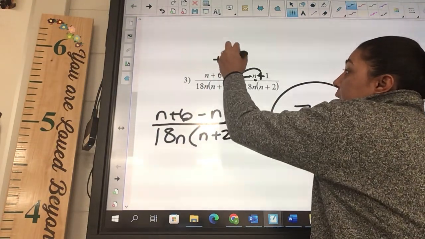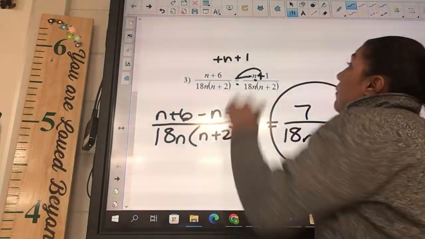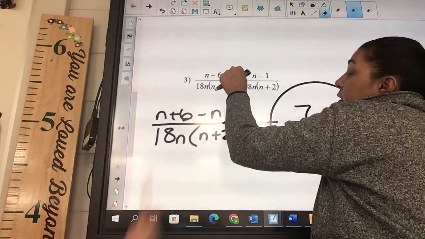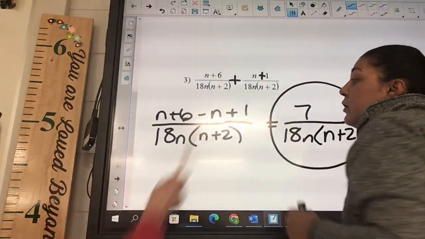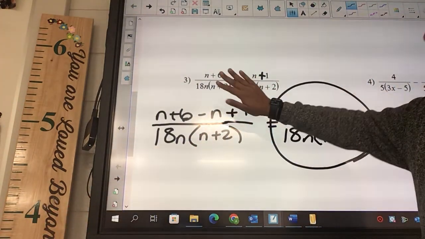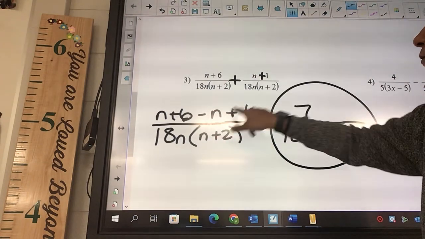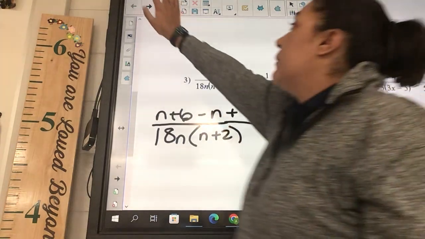It would be plus n, plus 1. If they're both positive, would this be a negative? So when there's a plus sign in the middle, we don't change the signs at all. So when you would write it, you would write plus n, plus 1. You only change the signs if there's a negative.